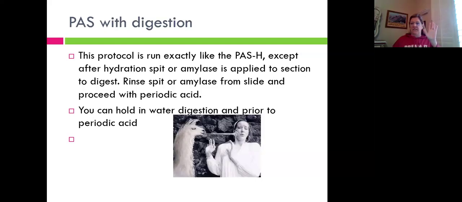There's amylase available for you in the freezer, and there might be some made in your refrigerator as well. You put the with slide in the amylase, or you spit on it, and you digest out that glycogen. Then you rinse off that slide, put it together with your without slide, and run the PASH.